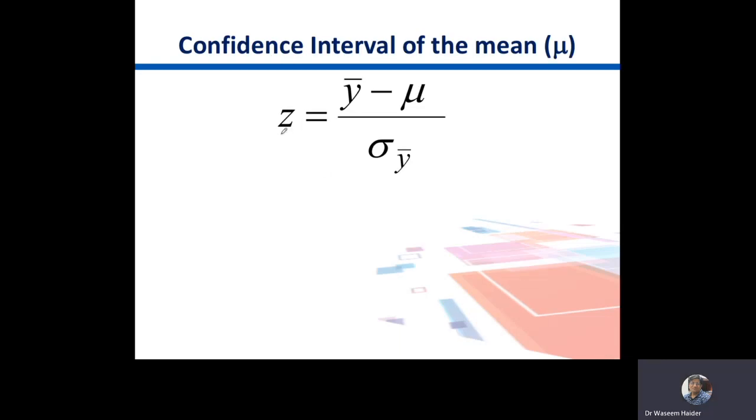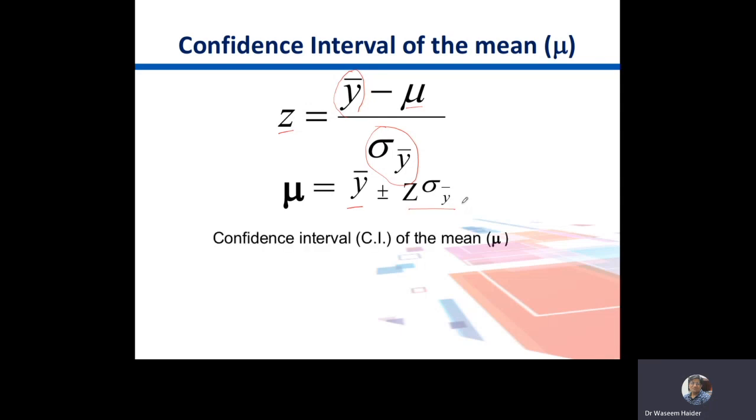We have been using this equation for z, where we have the sample mean y bar and how far it is from its population mean in terms of the standard error scale. So if we want to calculate the mean from this equation, we can rearrange it, and finally what we get is mu equals y bar plus minus z sigma y bar.